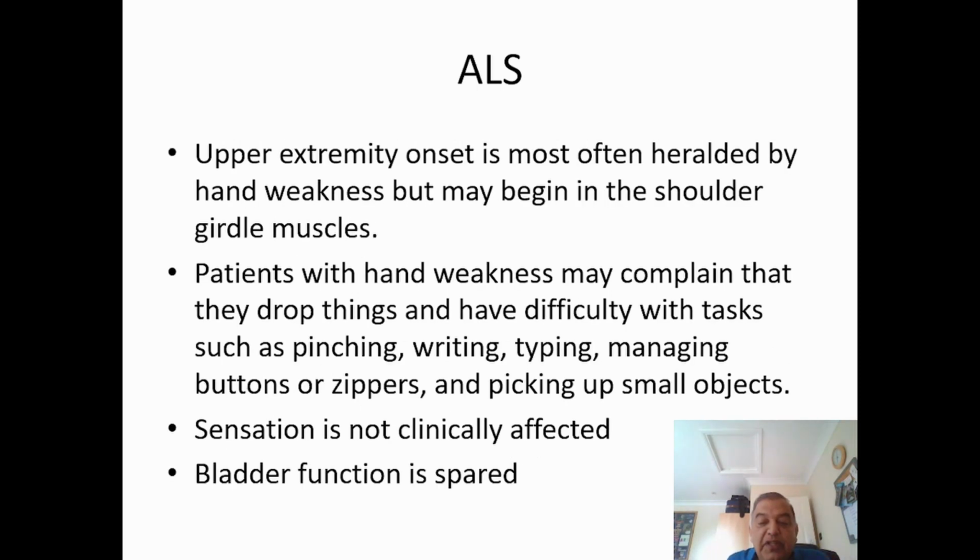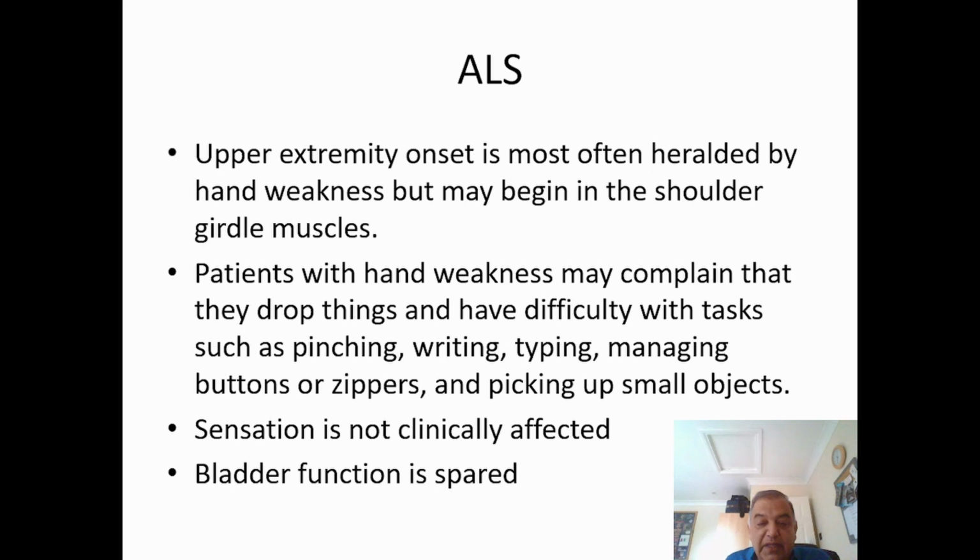The upper extremity weakness is most often heralded by hand weakness, and then it can also sometimes involve only the shoulder girdle muscles, when lifting objects and placing them, say, on a shelf is one of the symptoms they may have.